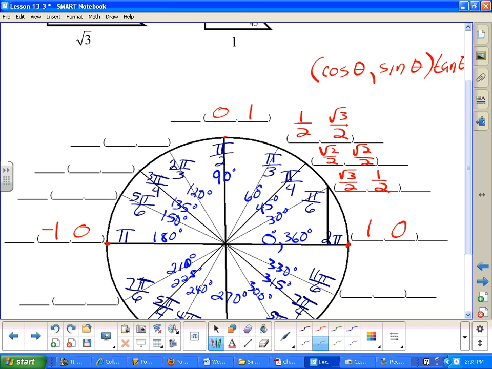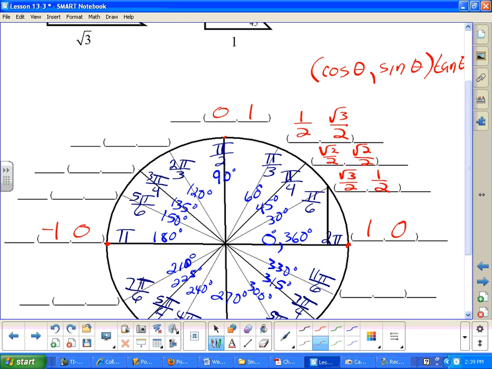Now, all the other three quadrants are just reflections from there, or use of reference angles. We're going to stay with cosine and sine at the moment. We'll do tangent last. For everything else that goes with them around the circle, it's just a matter of doing reflections. And when I do reflections, the only thing that changes is what? Okay, the signs, whether they're positive or negative.